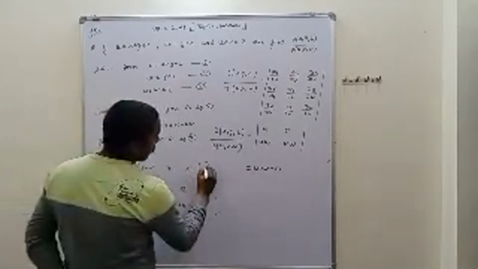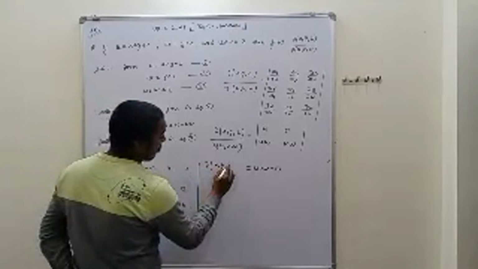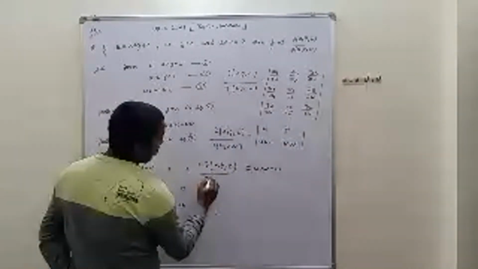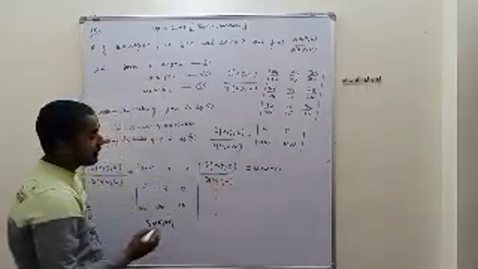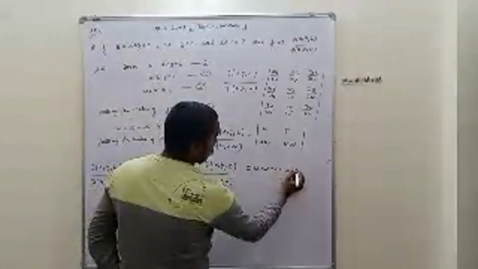This is the required solution of del of x comma y comma z upon del of u comma v comma w. We check the answer, that is UVW.